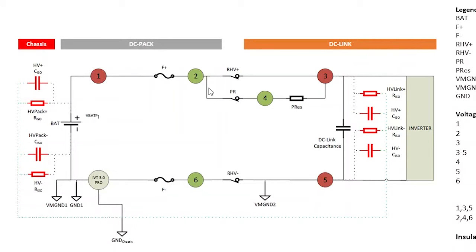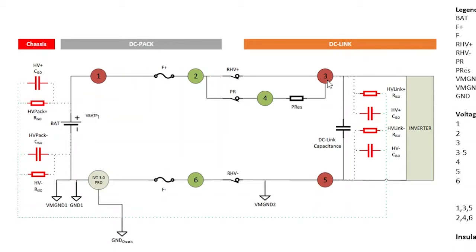The second voltage measurement point is installed right after the fuse on the positive side of the battery. This is called voltage pack plus in our CAN protocol, or the designations that we use for the CAN signals. Then the third measurement point, which is one of the mandatory ones as well, is the voltage link plus measurement. This is also how it's called in the corresponding result message.